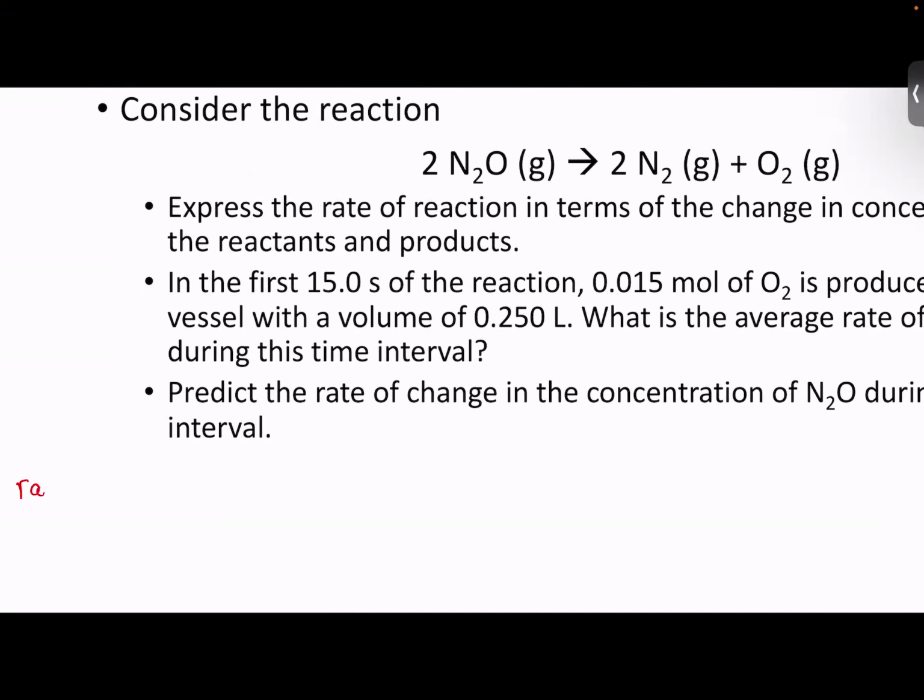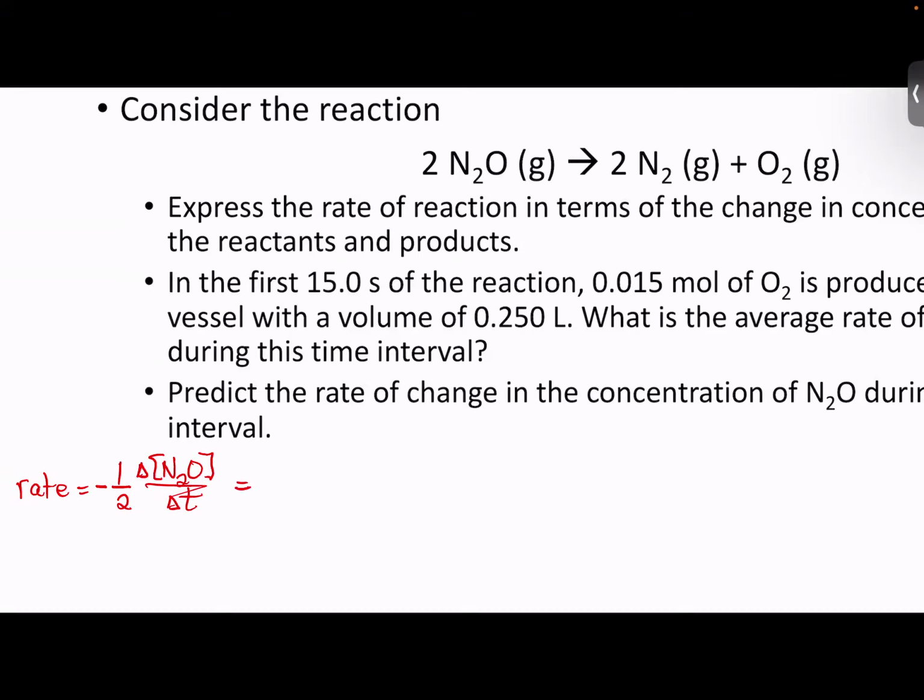So the rate is going to be equal to our change in dinitrogen monoxide concentration over a change in time. It's going to be negative because it is a reactant, and we do have to take into account the coefficient. So it's a -1/2 the change in dinitrogen monoxide over the change in time.